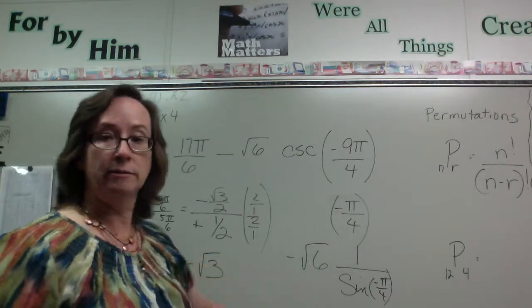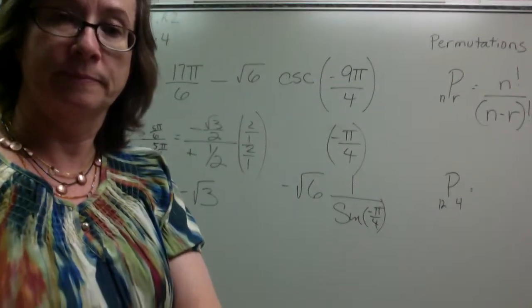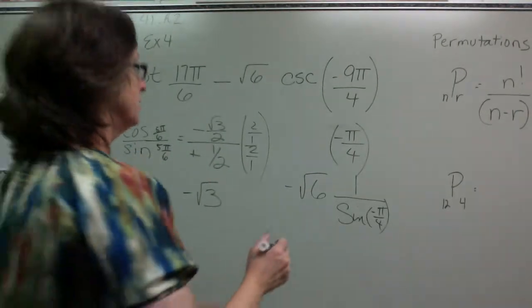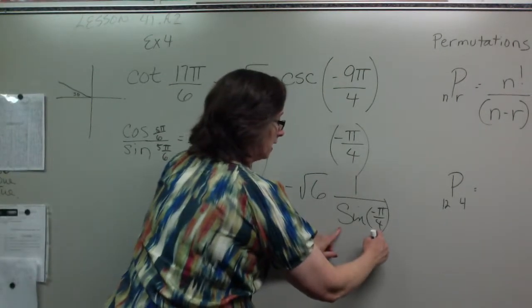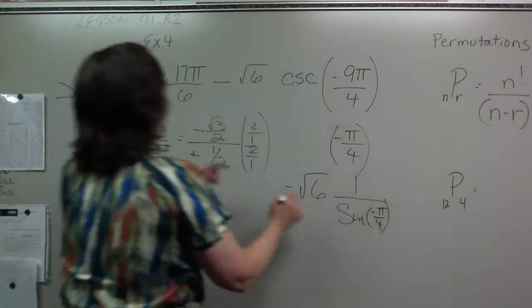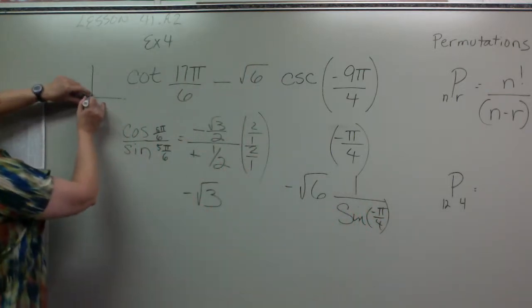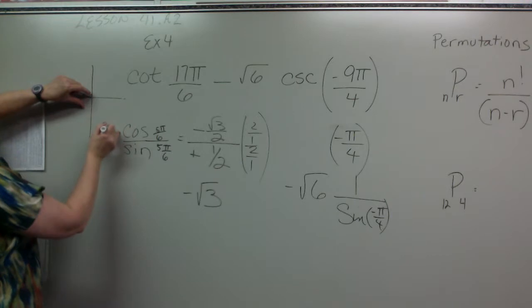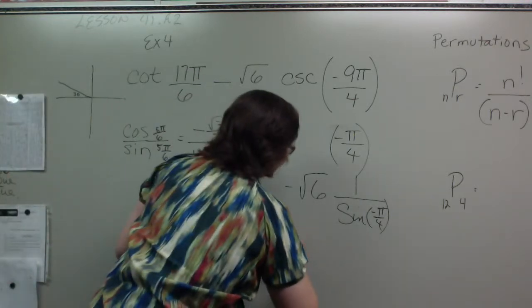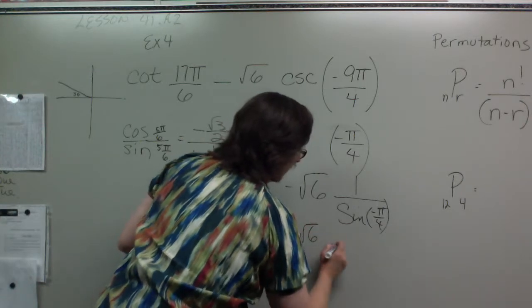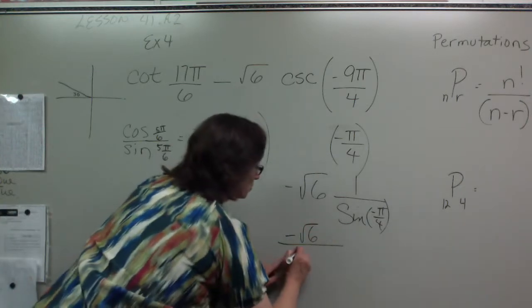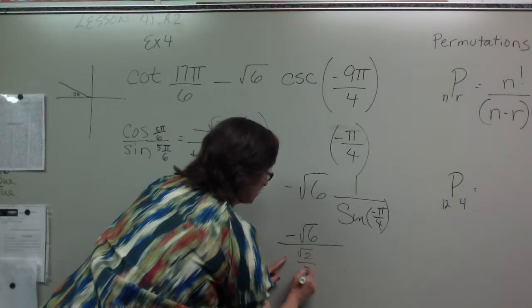Okay, so now, let's move this down a little bit. There we go. So now this one is going to become a square root of 2 over 2, but since this negative pi over 4 is right here, it's going to be a negative square root of 2 over 2.